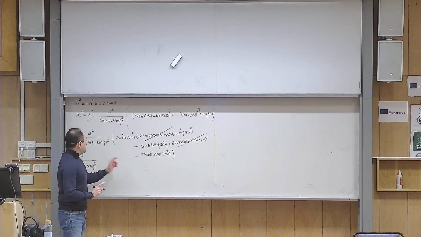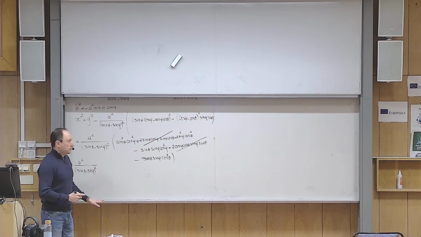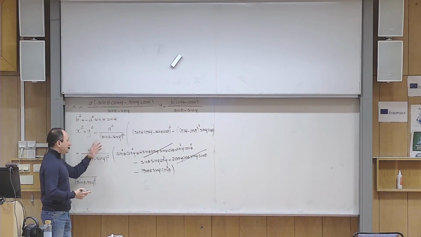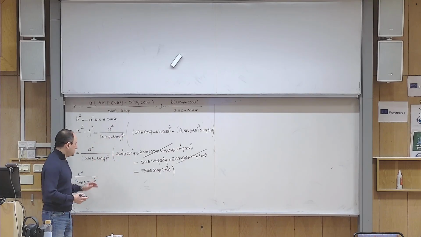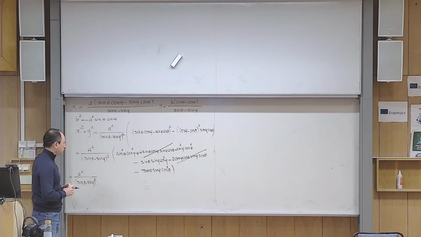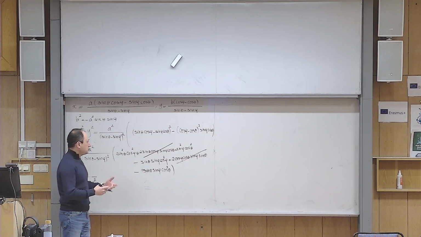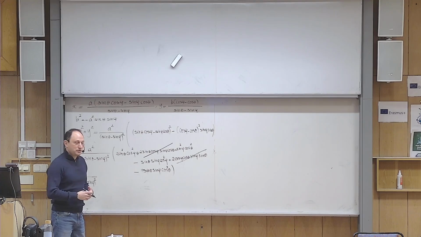Then I realized that, because I know what I'm going to get. I'm going to get, according to the problem, a squared minus b squared at the end. So this means that this factor should definitely go away. Okay, so that is the motivation for what I'm going to do. And this combination is only a combination of sines, not cosines. So this motivates me to try to get rid of cosines as much as possible.